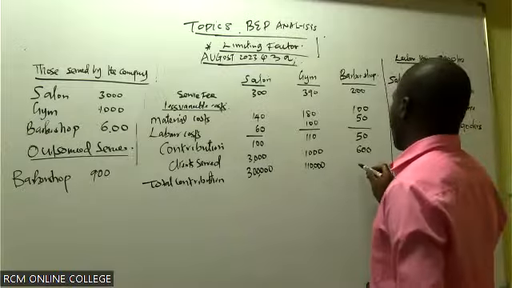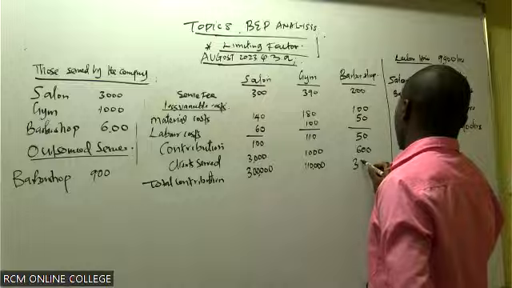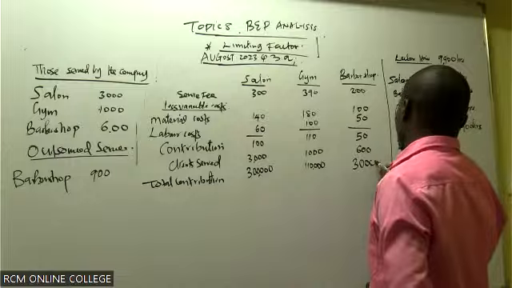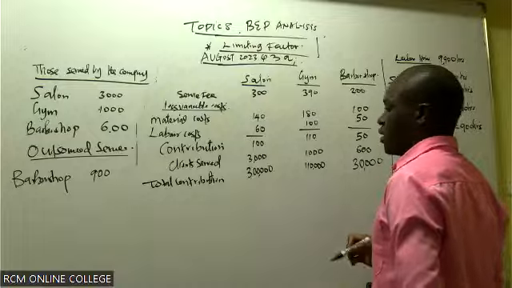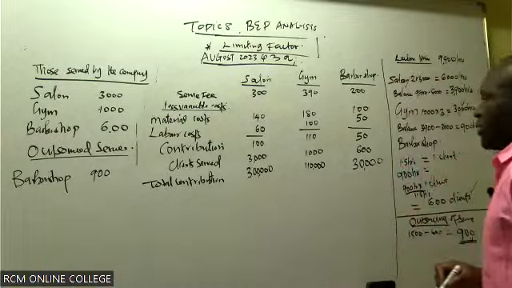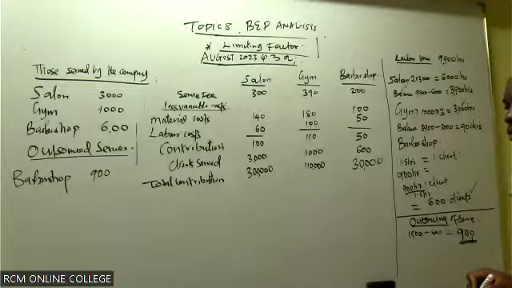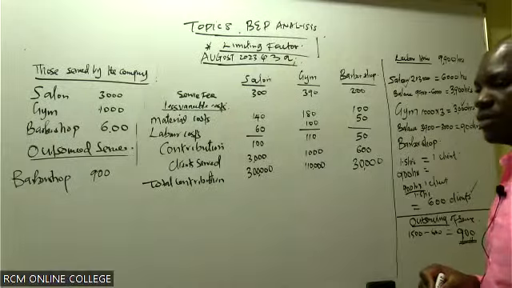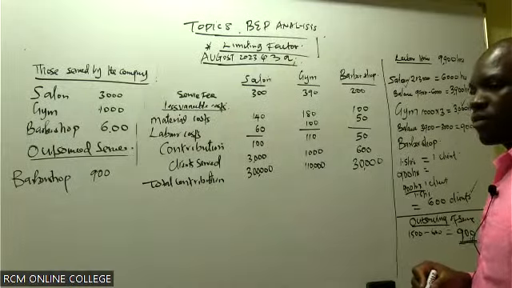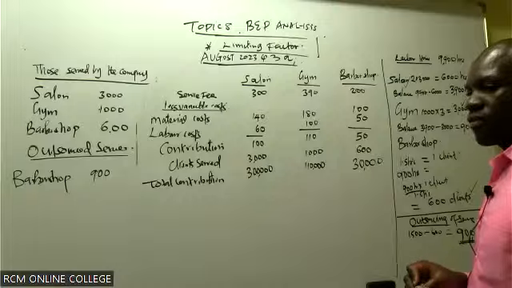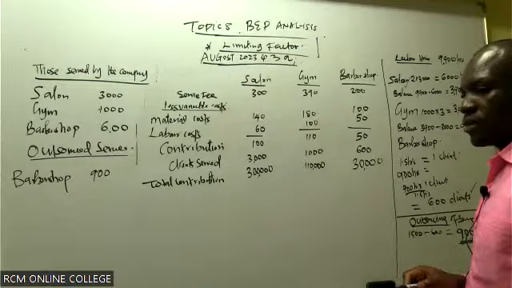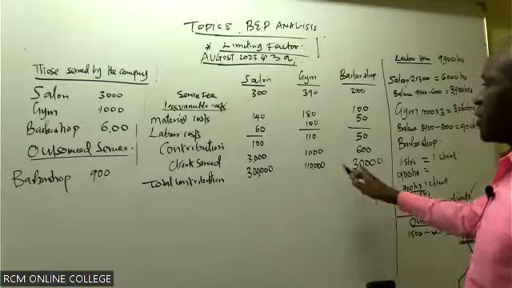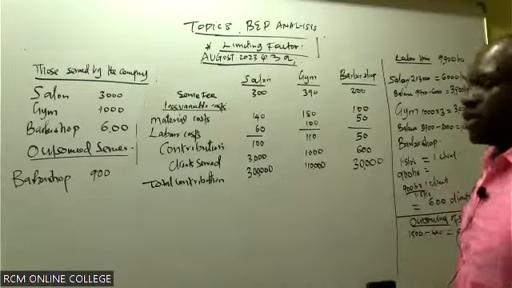And then here, will it be 30,000? Confirm if that is it. People are quiet. Are we together? We will be having 30,000, 110,000, 300,000. See, tuko na hizo vitu zote.